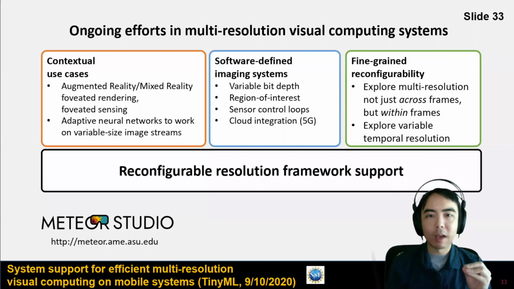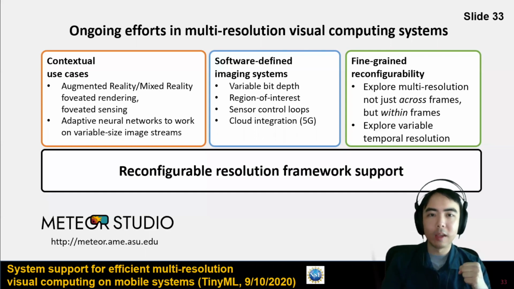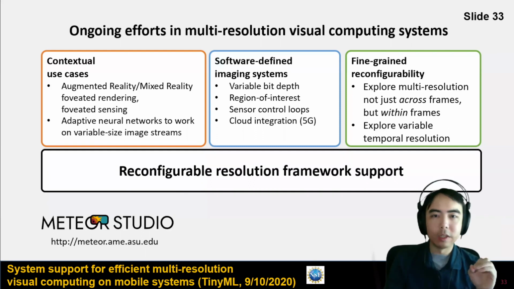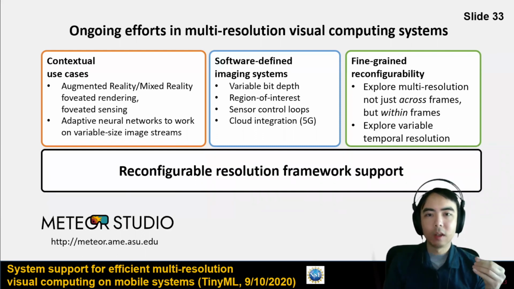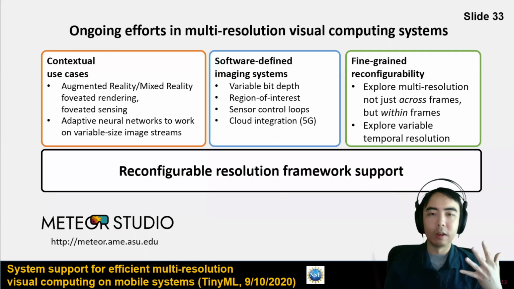And so what we have an active project on doing is to build a new kind of sensor interface that selectively, judiciously discards pixels along the way before they hit DRAM. And ideally before they even cross the camera serial interface, before they even reach your system on chip. So if we are able to throw away those pixels, then we can have a multi-resolution frame where we have parts of the frame that are in high resolution, parts of the frame that are in lower resolutions.